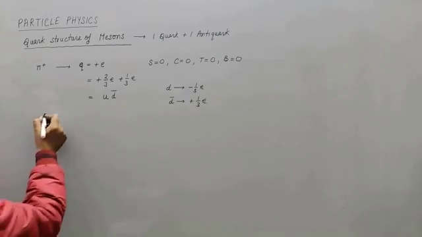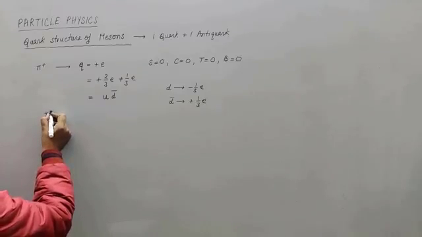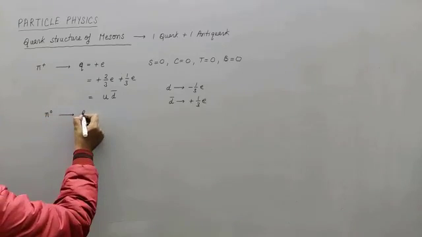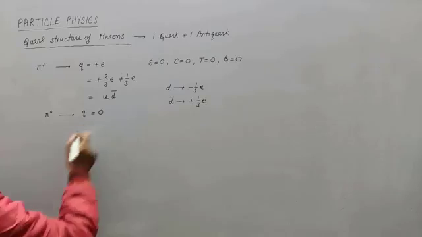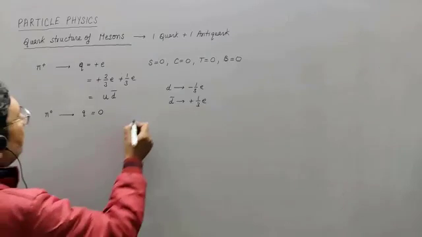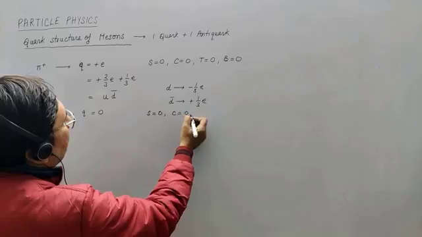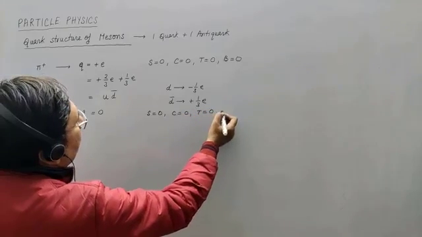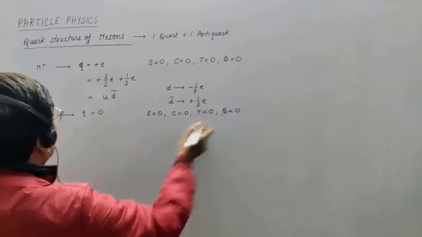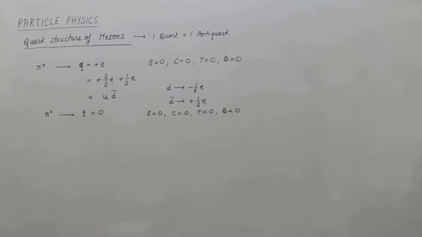What will be the structure of pi naught? Here Q will be 0, S will be 0, C will be 0, T will be 0, B will be 0. So how can you find out this pi naught with the help of U and D?